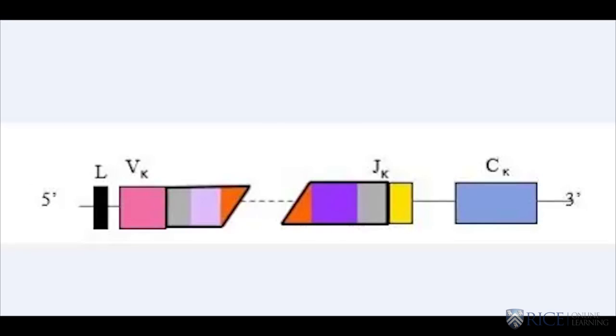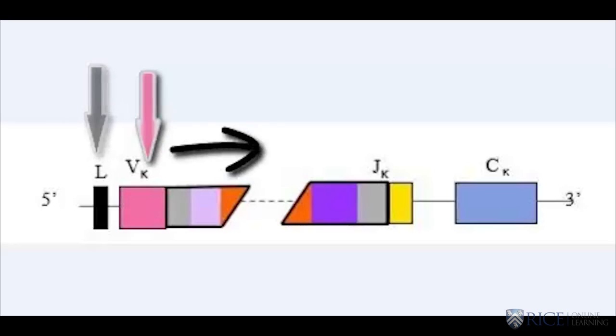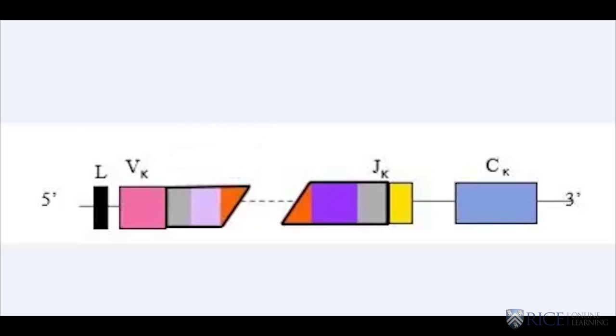Here we focus in on a portion of the kappa light chain gene. Up here we can see the leader variable sequences, followed by the recombination signal sequence. We have the gray region, which is going to be the heptamer, the lavender region, which will be a one-turn base sequence, and the orange-red region, which will be the AT-rich.